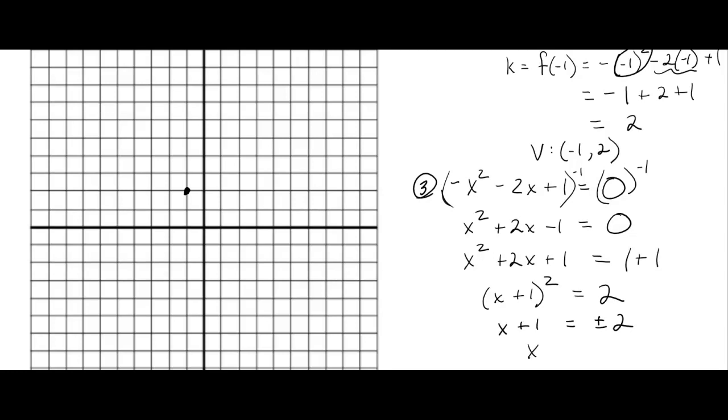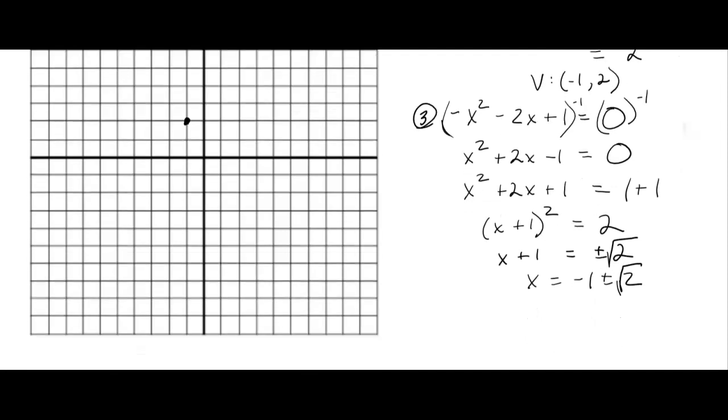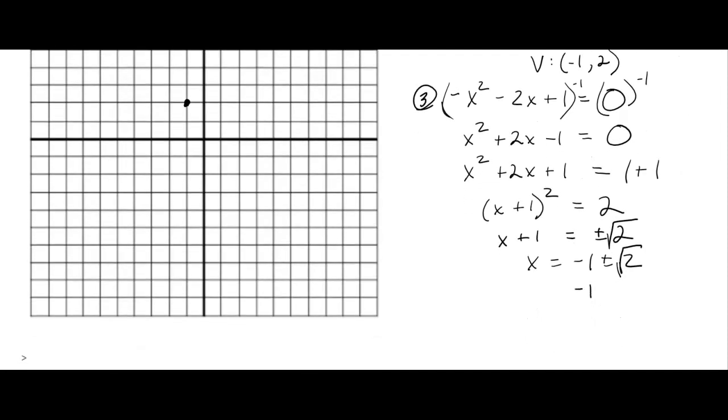And so I get x equals -1 plus or minus the square root of 2. I'm sorry, I left out the square root of 2, which I think is about 1.4, if I'm remembering right. So I'm going to have like -1 plus 1.4 and -1 minus 1.4.